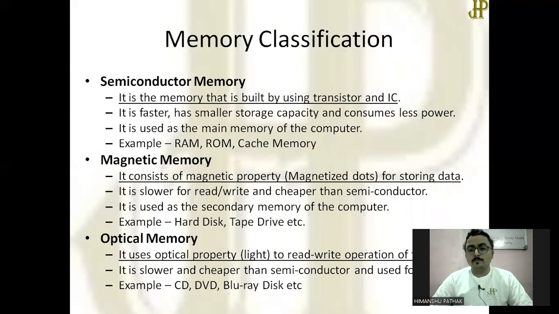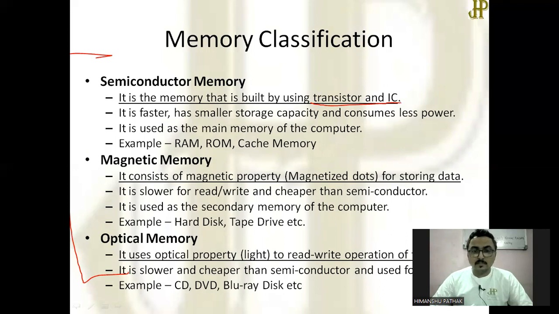So, what are the major classifications? Major classification can be divided into three parts: semiconductor memory, magnetic memory, and optical memory. Semiconductor memory is that which is built by using transistors and integrated circuits, ICs.